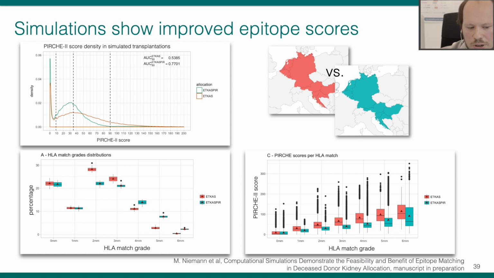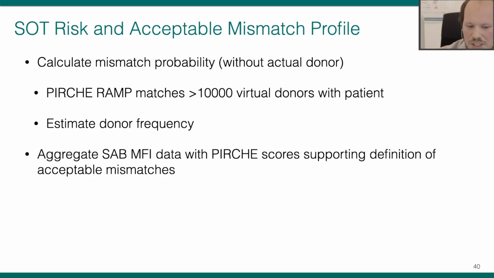This is a work in progress of a couple of abstracts that I presented already, where you can see that if you apply Perch in the ETKAS allocation system, you can squeeze the high-risk patients down to a lower risk group in terms of epitopes, and this holds for all the HLA match grades. So basically it's a good idea to do that, but this is of course still a work in progress and has to be included.